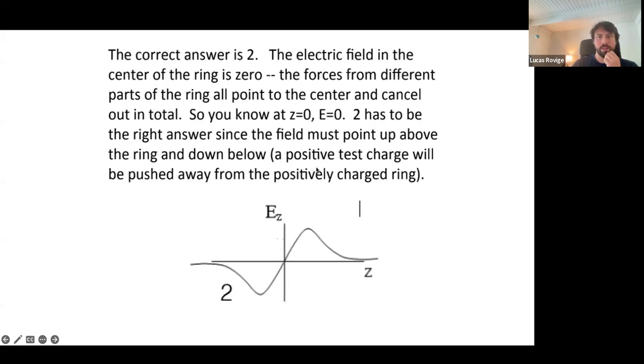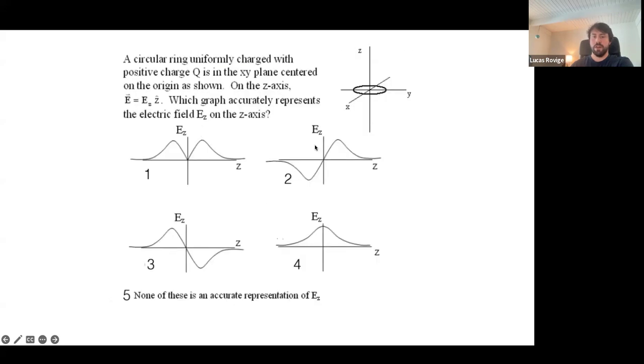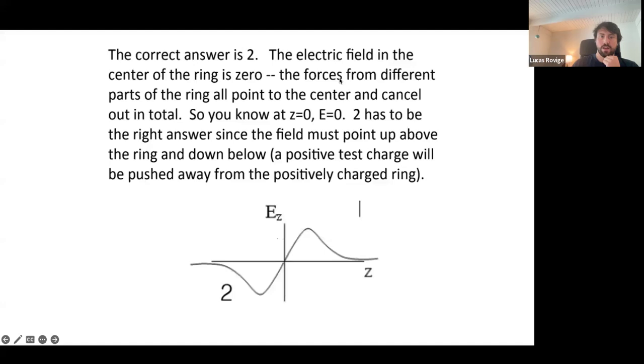So the right answer is answer number 2, because the first thing to notice is, in this expression, if x equals 0, then E is equal to 0. So the electric field has to be 0 on axis. And then, if the ring has a specific charge, then when you go into one direction, it will have an effect on you.